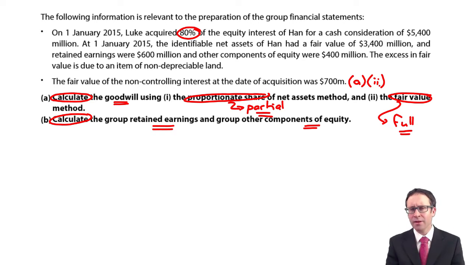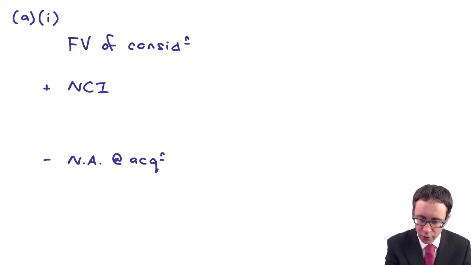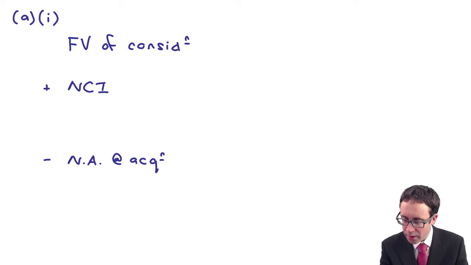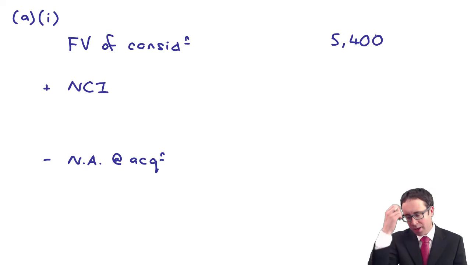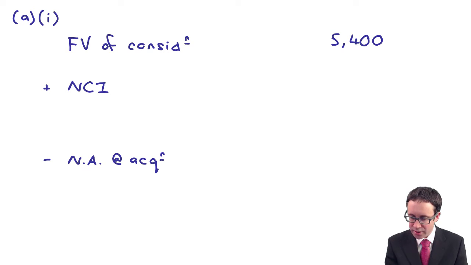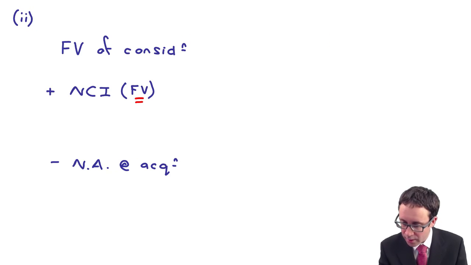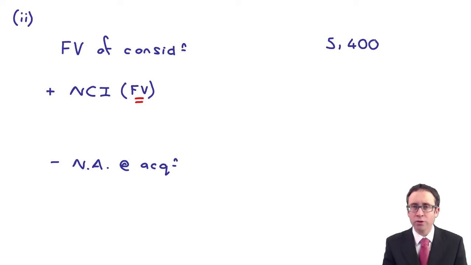Okay. There we go. I think it's really useful to lay out the pro formas, because once you've got the pro formas, we can go through and put the numbers in as we see fit. Okay, so you've got 5,400 in terms of the fair value consideration in A part 1 for the goodwill, and then in A part 2 you've also got the 5,400.